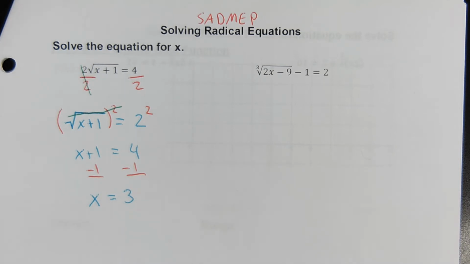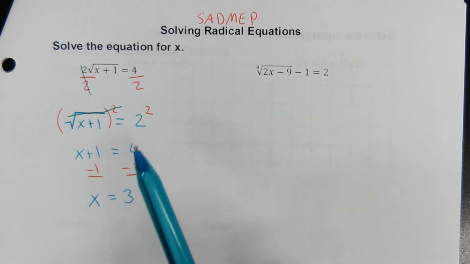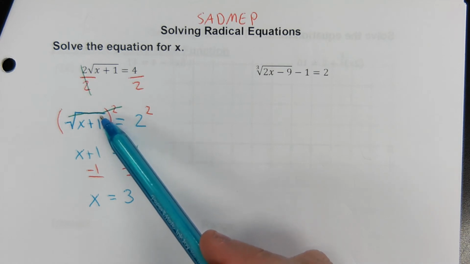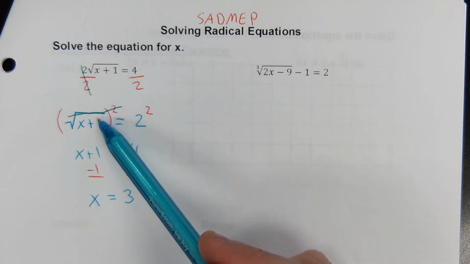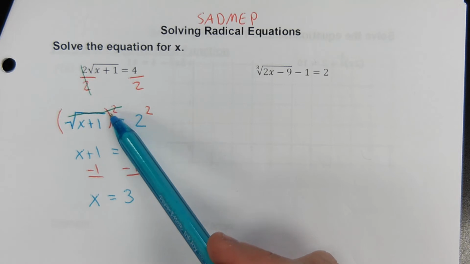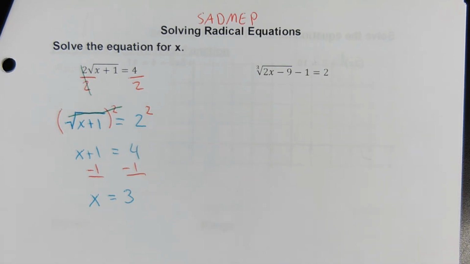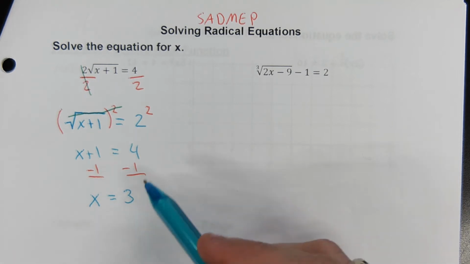What I mean is if you were to plug it in, it wouldn't have you taking the square root of a negative number anywhere, because sometimes that happens. You see, we canceled a square root. The square root is what has the restrictions. So the moment you cancel it, the algebra technically could give you an answer that would have originally broken those restrictions. So we just take our answer and we make sure that we're allowed to plug it in.